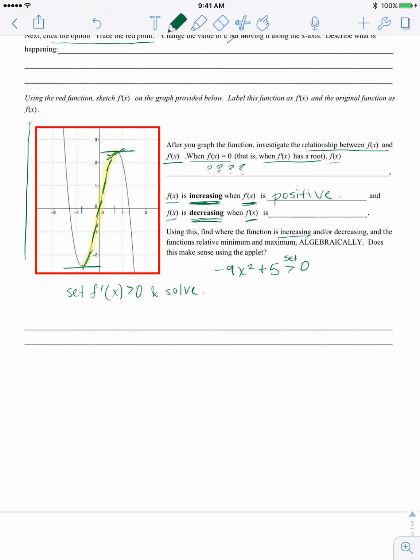So subtracting 5 from both sides, I get negative 9x squared is greater than negative 5. Then you divide both sides by negative 9. Whenever you divide by a negative number, remember you switch the inequality.